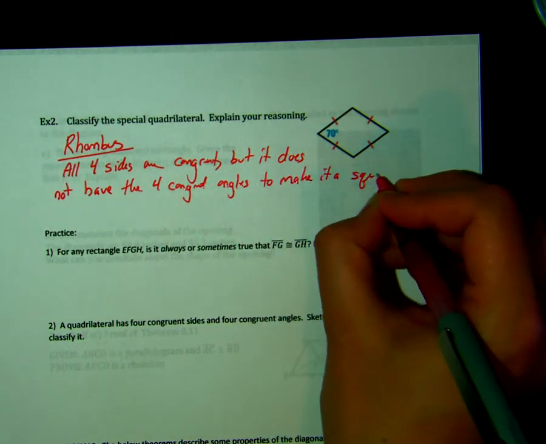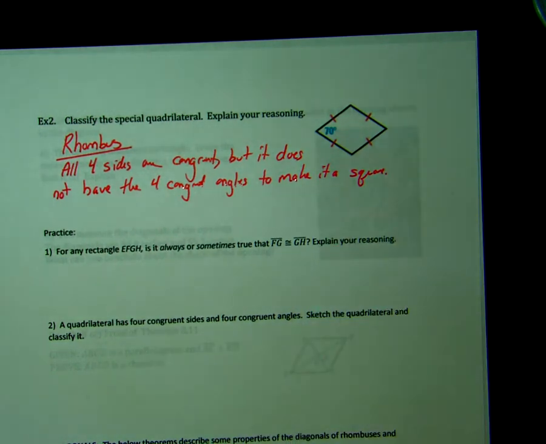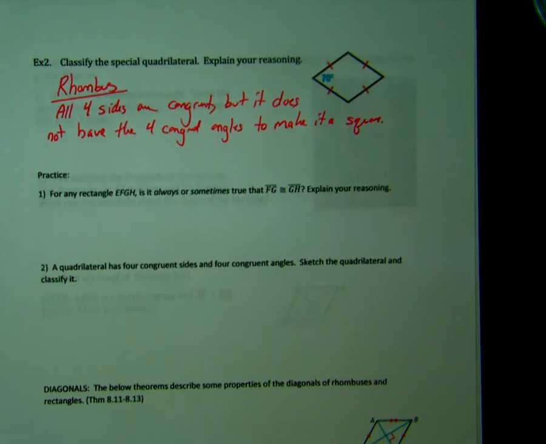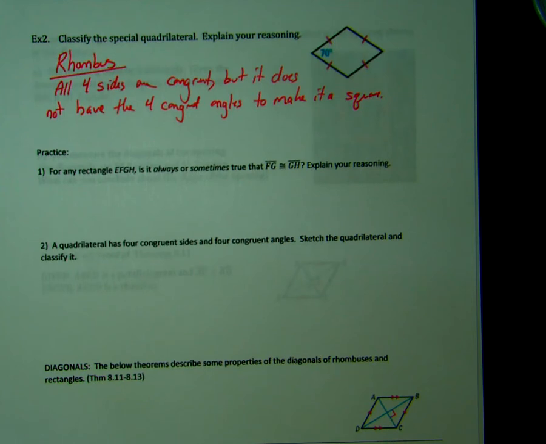Something like that. So you want to have just a little note as to why it is a rhombus, and almost an additional note as to why you cannot go further and call it a square. Okay? So the practice questions here again, for a refresher, this is a good spot for you to just pause the video, try these on your own, and then come back and see the answers.